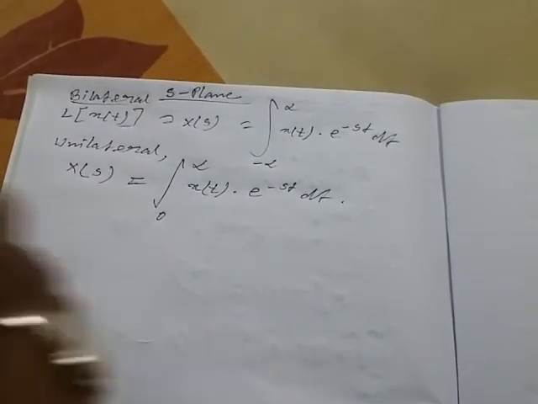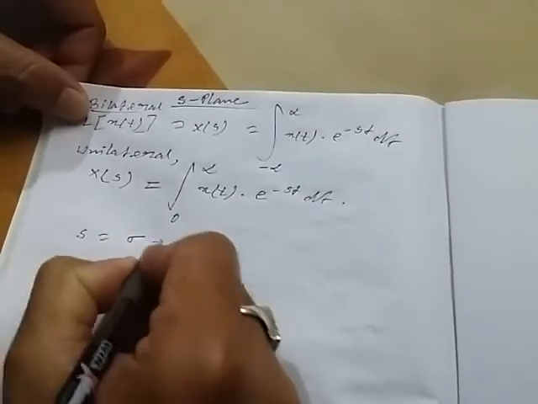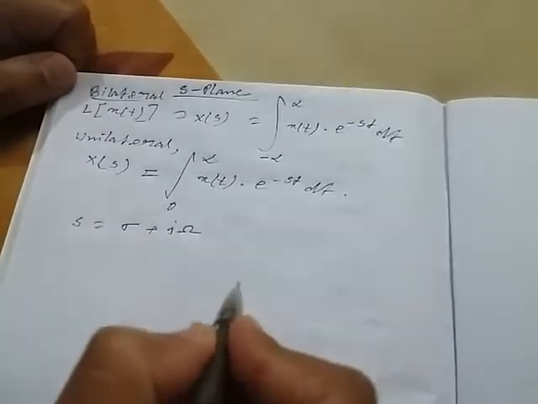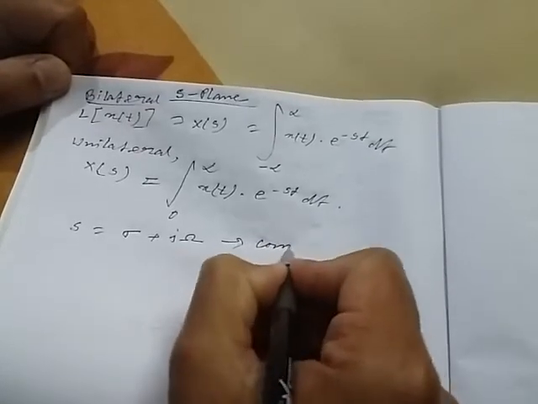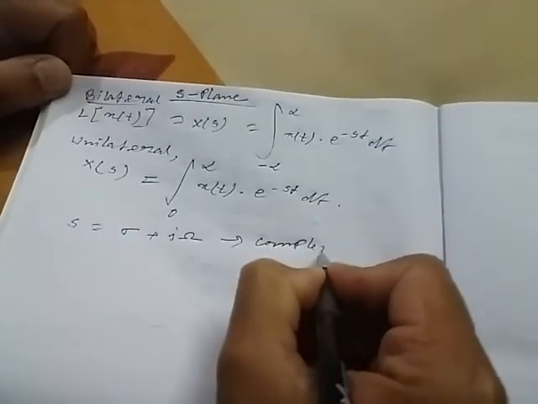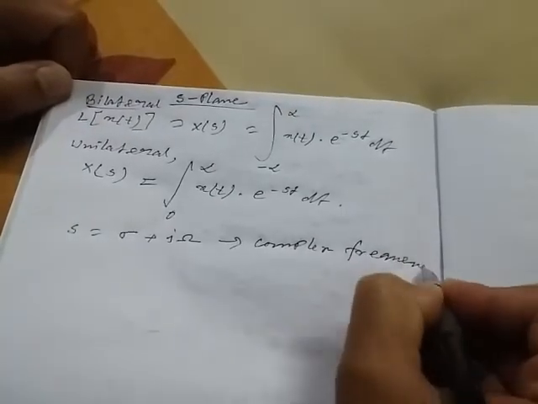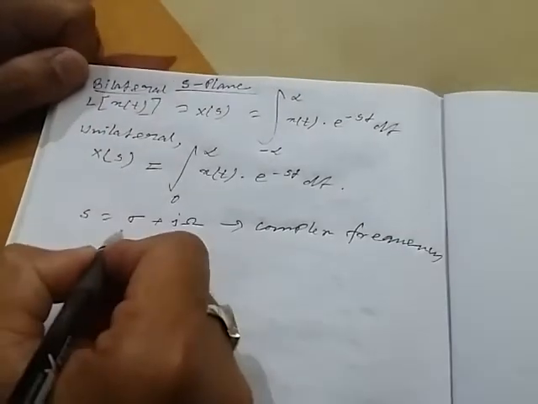Now here the term s equals sigma plus j omega. s is known as complex frequency. Just remember this. Now what is sigma?